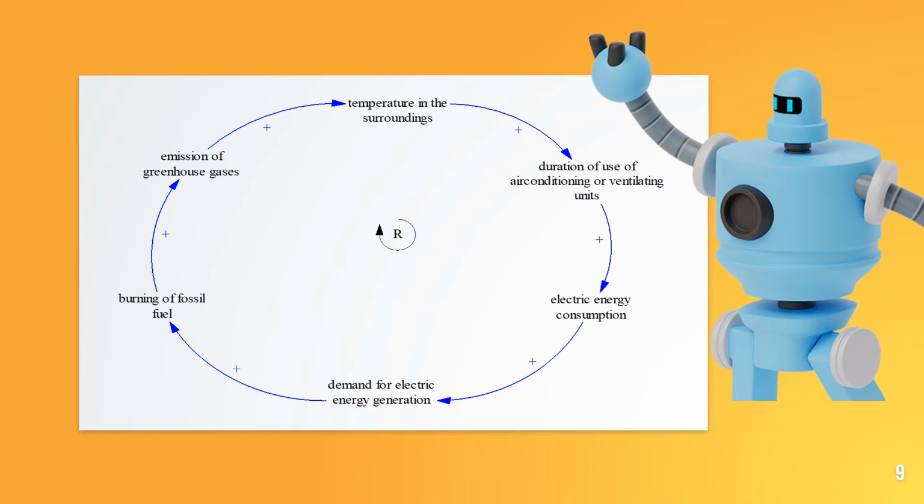And as the demand increases, the burning of fossil fuel increases as well. And as we burn more fossil fuels, we are also increasing the emission of greenhouse gases in the atmosphere that causes the increase in the temperature in our surroundings. All in all, this CLD model shows a reinforcing feedback.